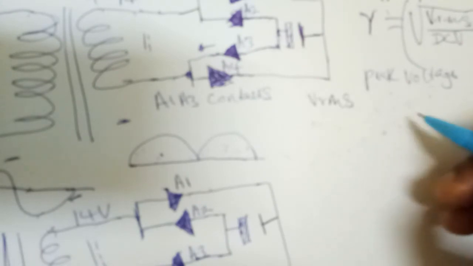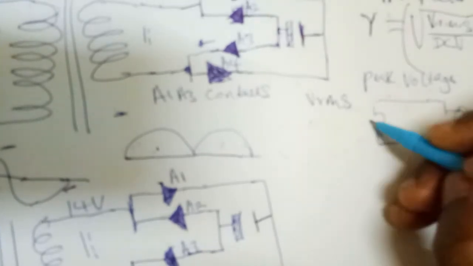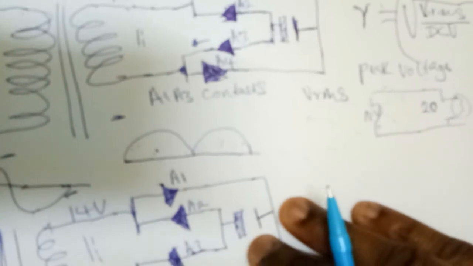So for instance, if this is AC voltage, this is 10 volts. Let's say this is 20 ohms. This is AC, then you have DC.